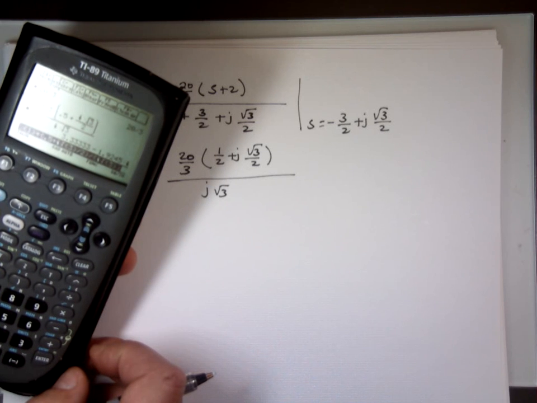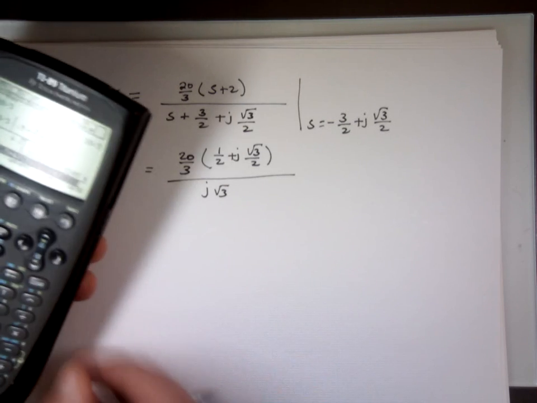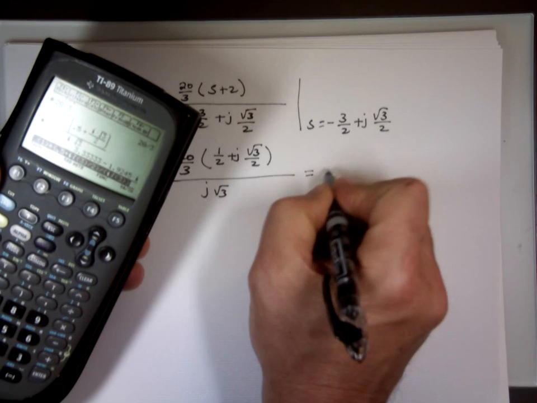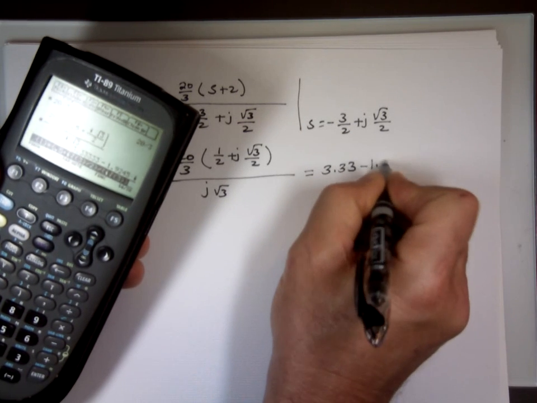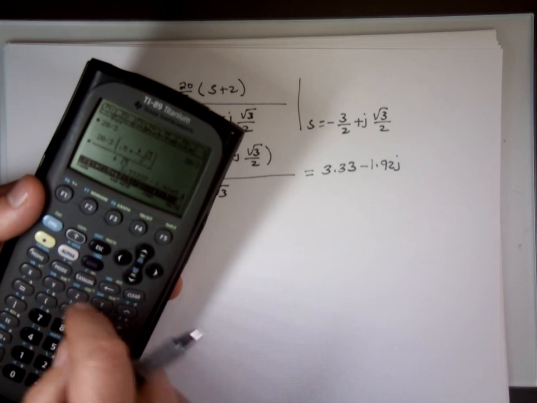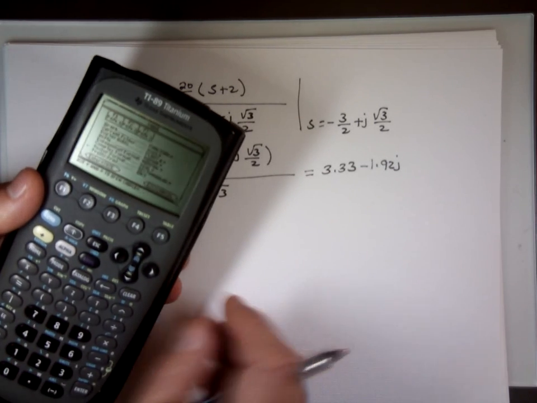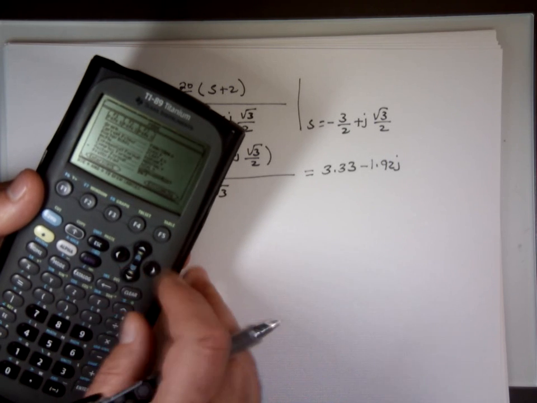Yep. Can we change it to phasor? Sure. I don't know how. I got you. Yeah, if you go into mode, you go down to polar, rectangular. Oh wait, not that one. Go right below it.